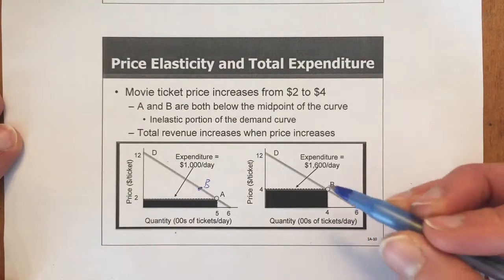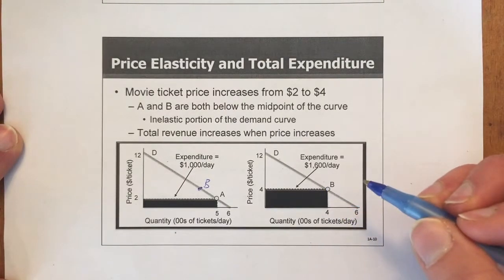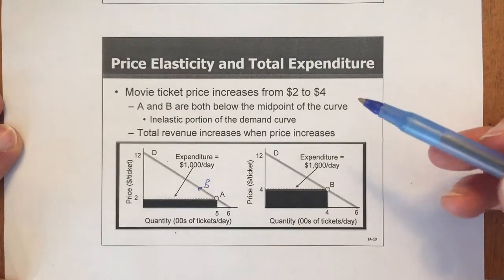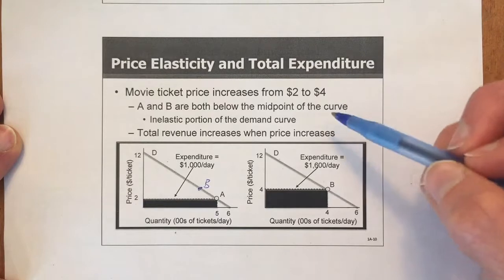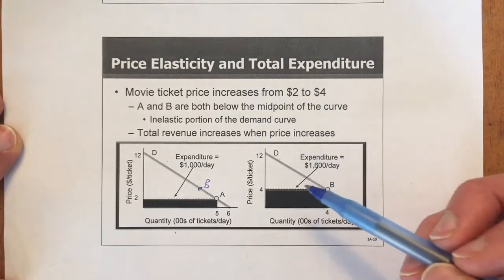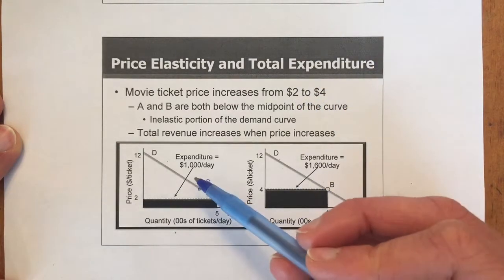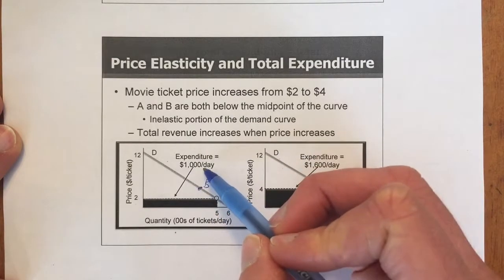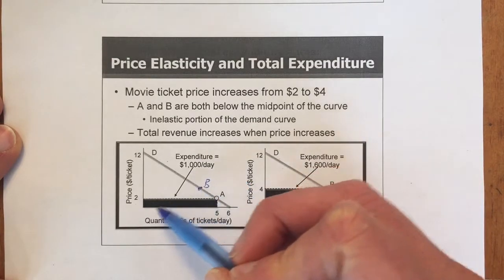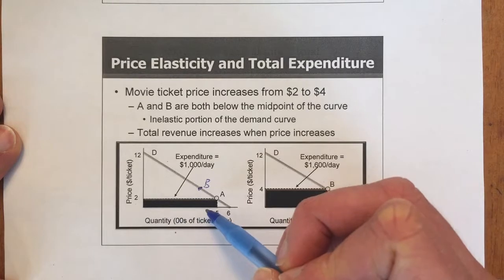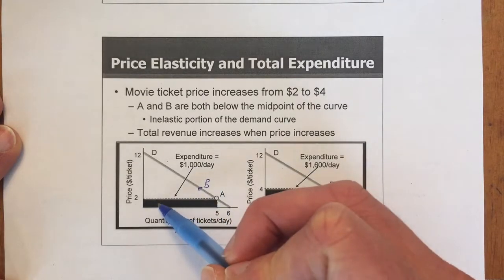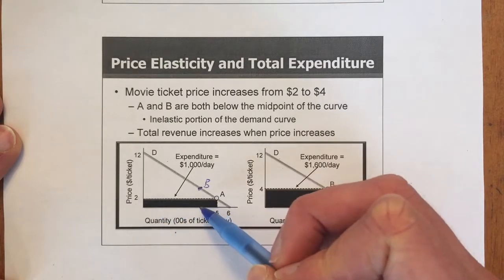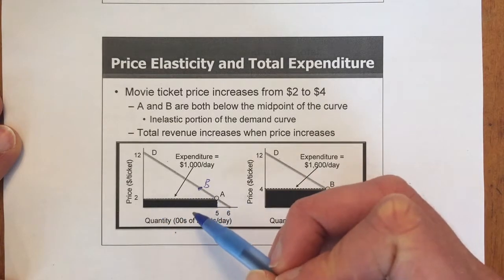In this case, we're talking about the whole market for movies, not just an individual, so it's total expenditure for all those people within the market. At a price of $2, total expenditure was $1,000 a day on movies. So 2 times 500 is simply 1,000, and this area, which represents total expenditures, is 1,000.